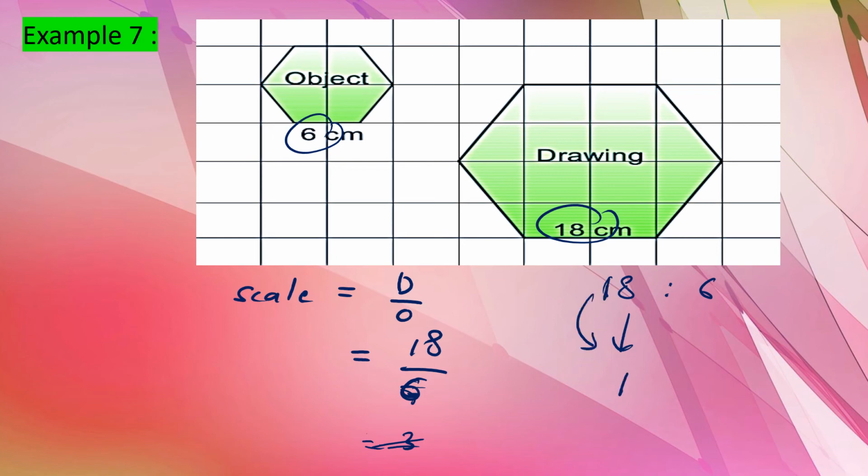So to make 18 become 1, you divide by 18, so the 6 here is also divided by 18. So 6 divided by 18, you simplify the fraction, means 1/3. So this is your scale. See, the 1/3 here refers to the object, so it's small, so the object is smaller than the drawing, as you can see.